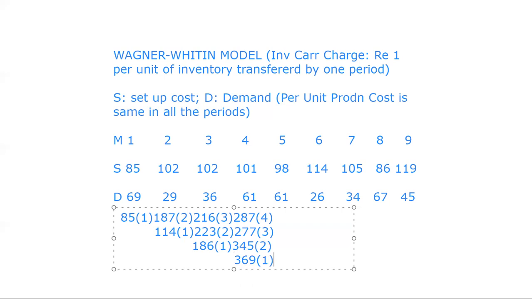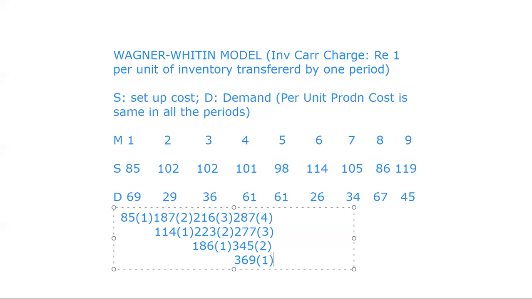So I produce in period number 3. And then I come back to the first 2-period problems. Please complete the sentence. For the 4th period, I produce in period number 3. And for the 2nd period, I produce in period number 1.